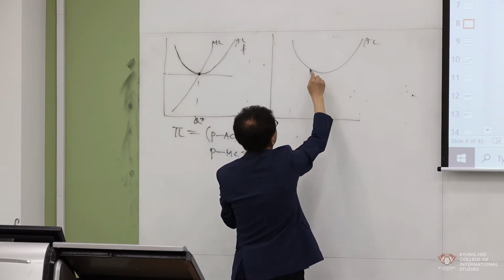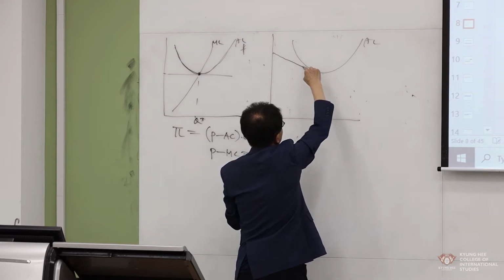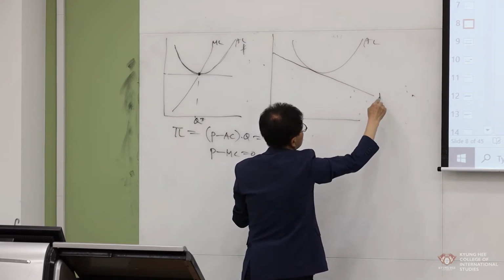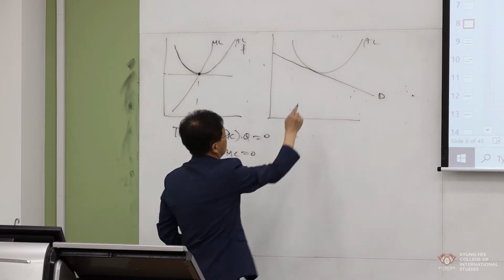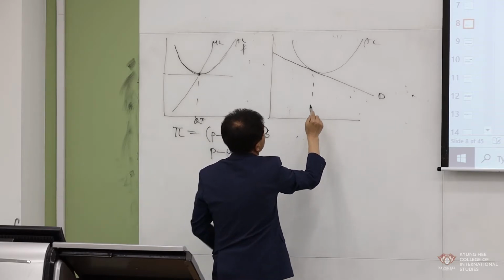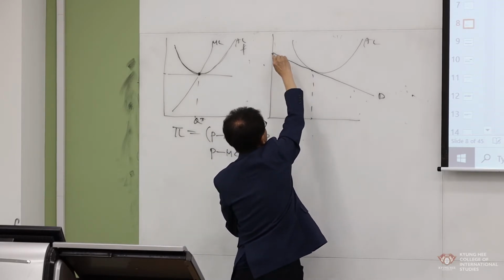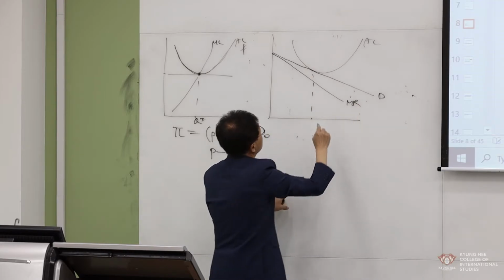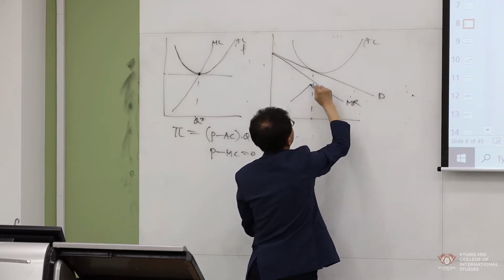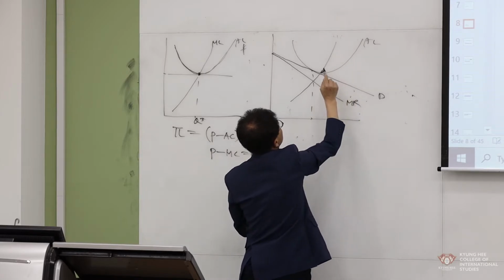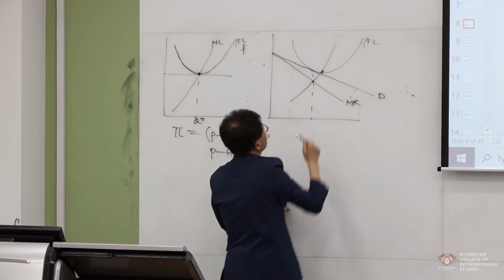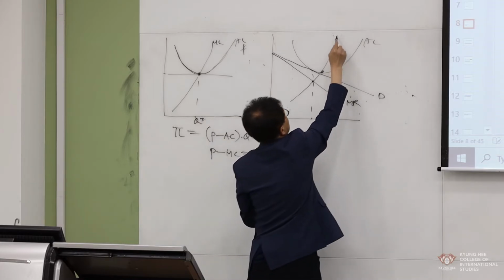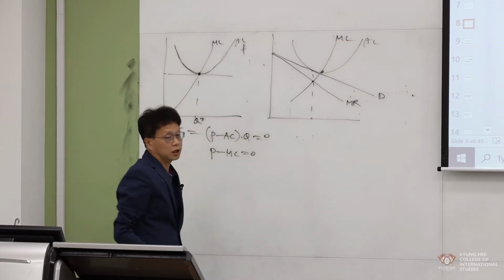And there is the demand curve. And the marginal revenue curve is like this, right? And the marginal cost curve crosses the minimum point of average cost and also intersects at this point. That is marginal cost, okay?